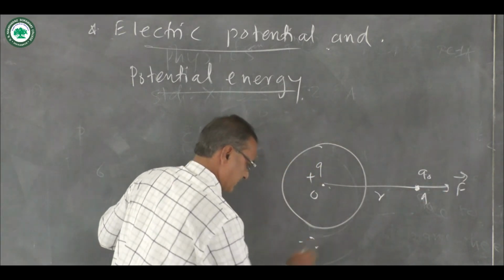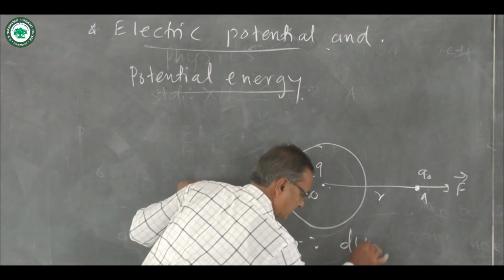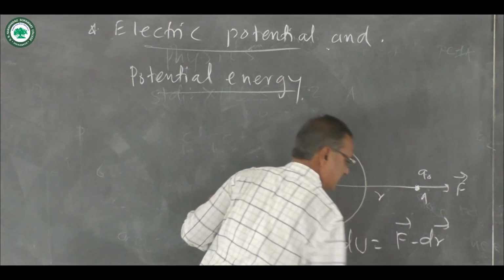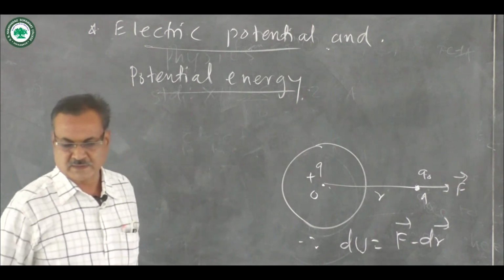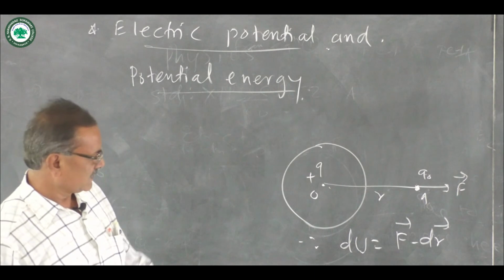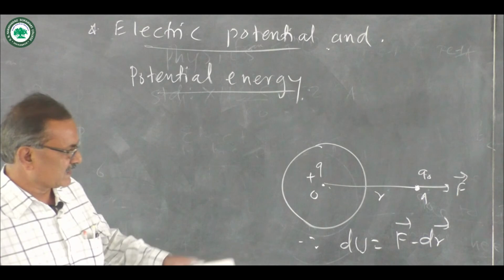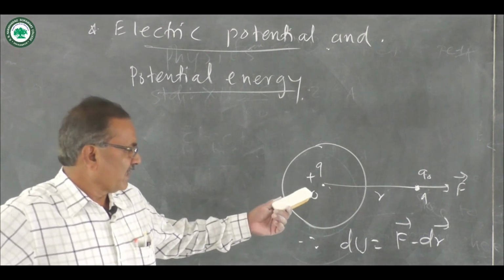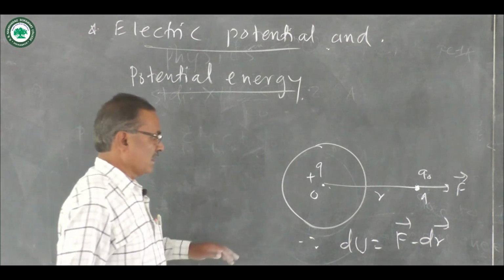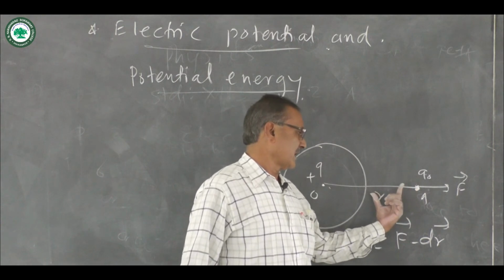So therefore the electric potential energy you can write here, dU is equal to vector F dot vector dr, where dU is the increase in potential energy when the charge is displaced from point A towards point O, and vector F is the force exerted on the charge, in the direction opposite to vector r.